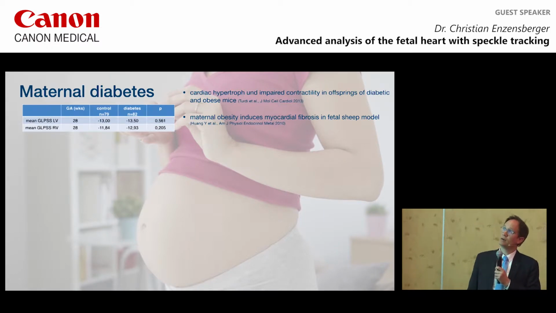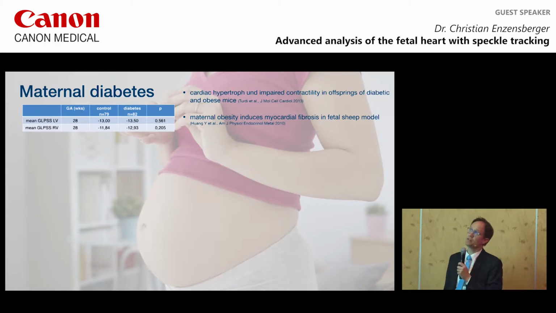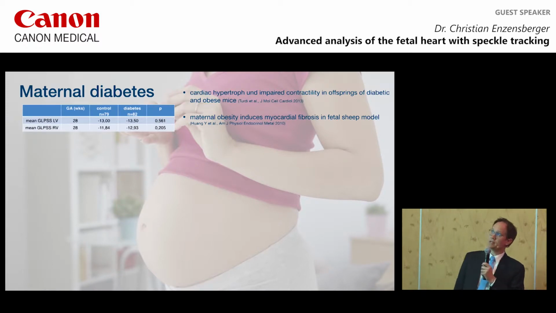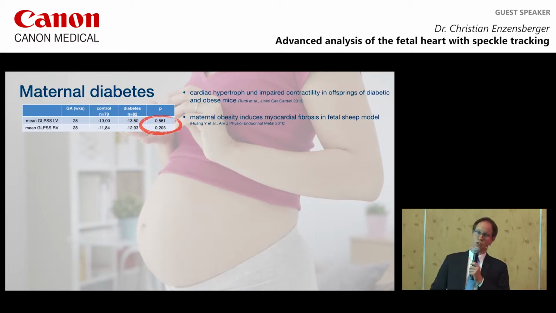You can see here we had a control group of 79 fetuses and 82 fetuses with diabetes. And the global longitudinal strain for the left ventricle and for the right ventricle in both groups were comparable, when you just check between controls and diabetic patients.